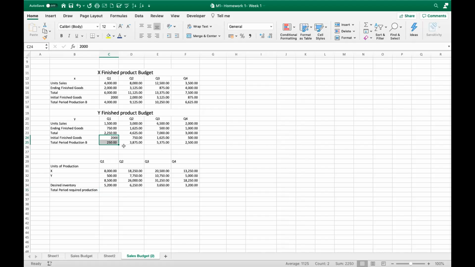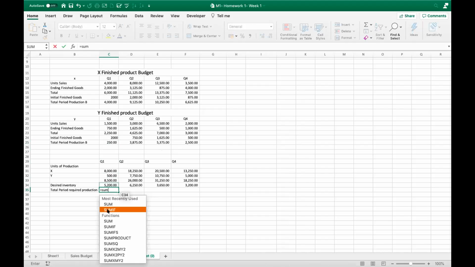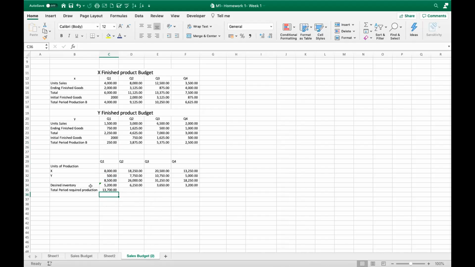No, de tu tabla, de esta, ajá, esos dos. Lo sumo. Es que tengo los nombres medio raros, pero sí. Es tu desired inventory más tu unit sales forecast.